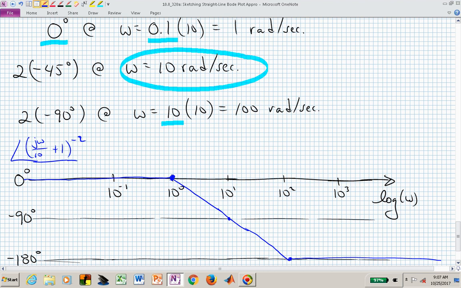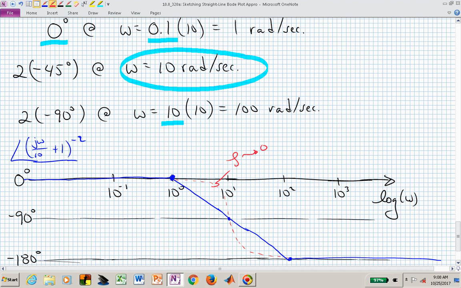And this is a crude approximation. As zeta gets closer and closer to 0, the transition becomes sharper and sharper, and so the actual curve, for a zeta that is approaching, let me say, 0, at 0 would actually be 0 degrees, and then it would quickly transition to minus 180.